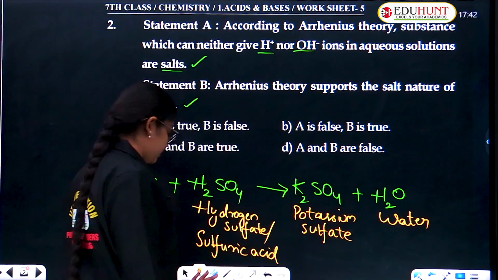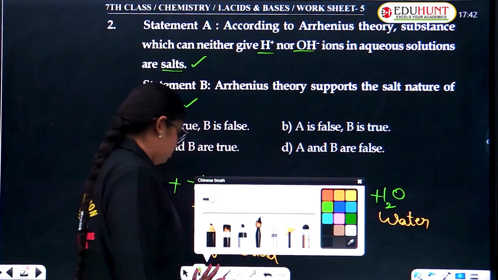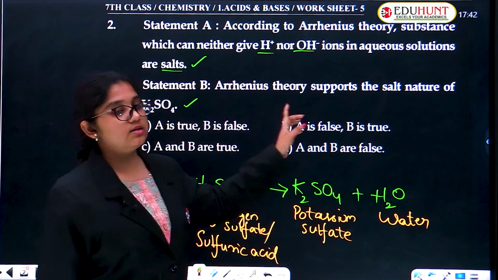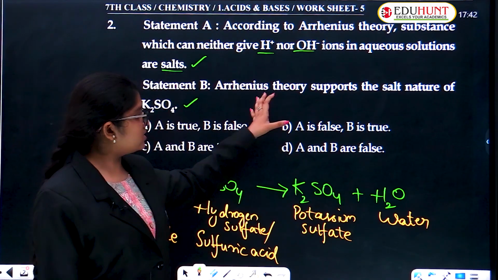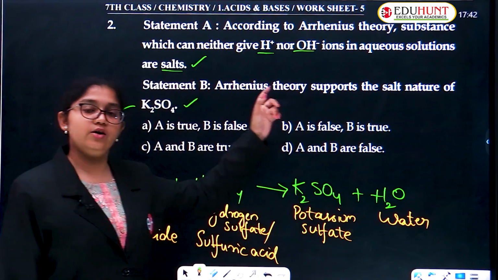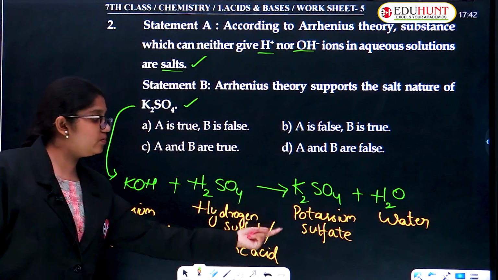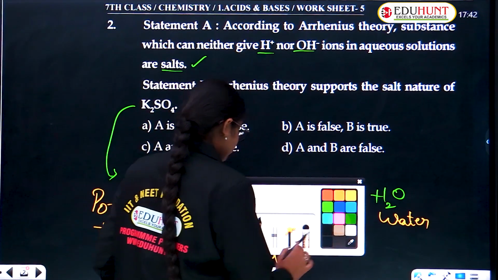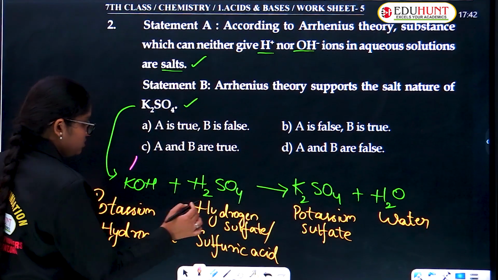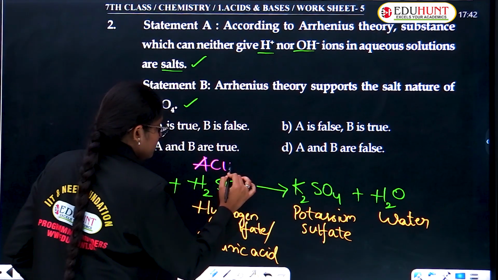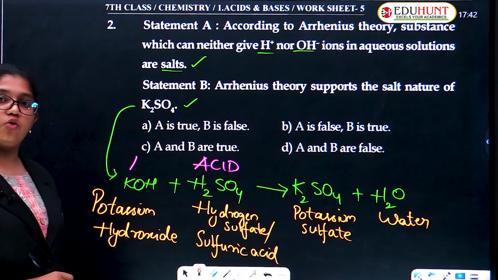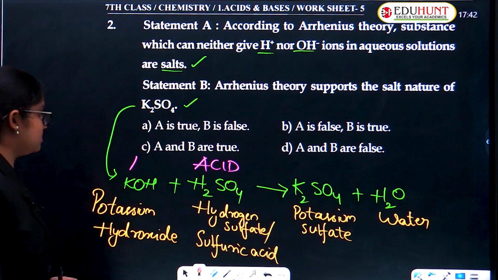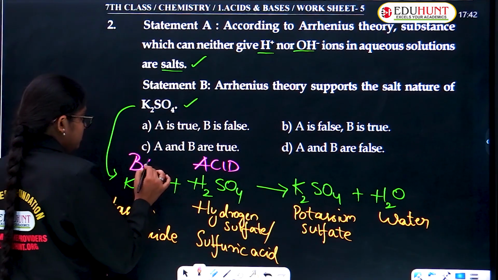So in this equation, the option says that, according to Arrhenius theory, it supports the salt nature of K2SO4, which means acid plus base. H2SO4, sulfuric acid, also called hydrogen sulfate, is regarded as an acid, and KOH is a base.